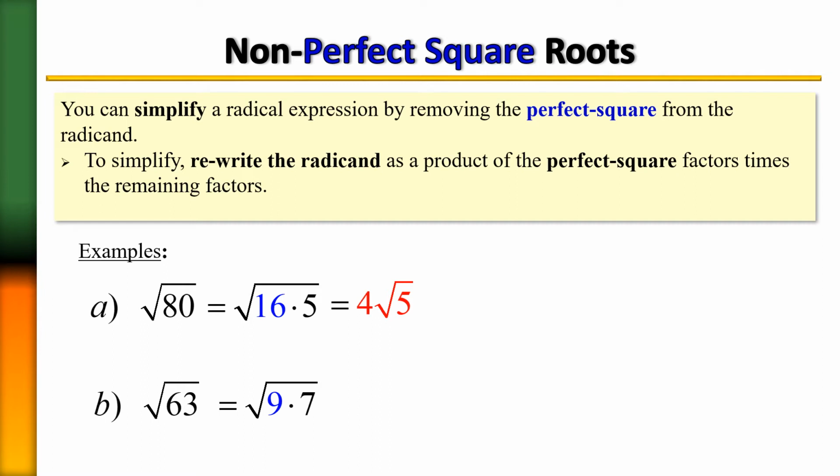The square root of 9 is 3. We can now bring that 3 outside in front. 7 is not perfect, so it has to remain underneath the symbol. So that's going to leave us with an answer of 3 radical 7, or you can say 3 square root of 7.